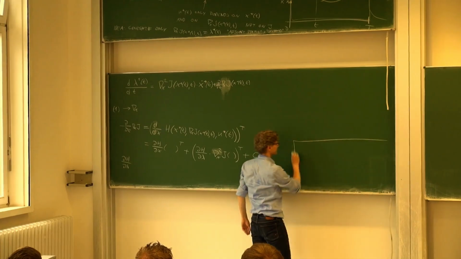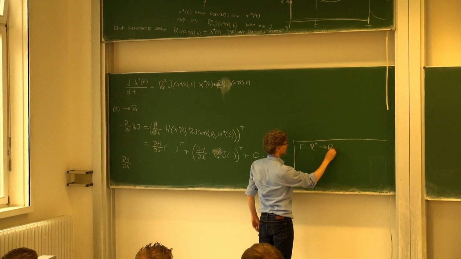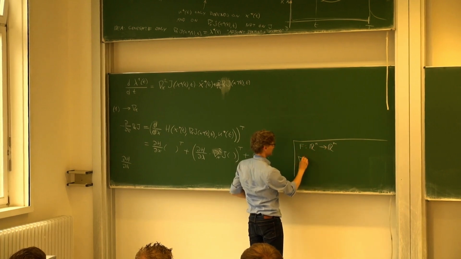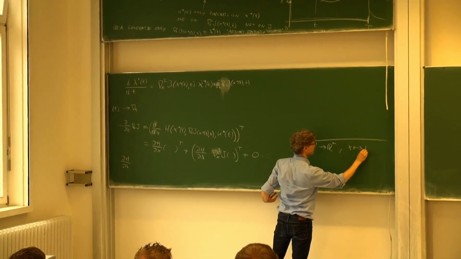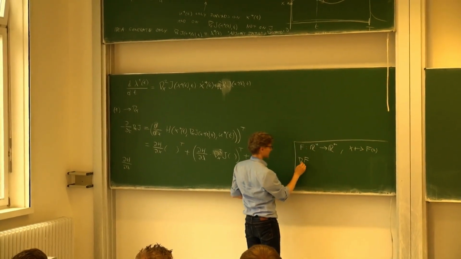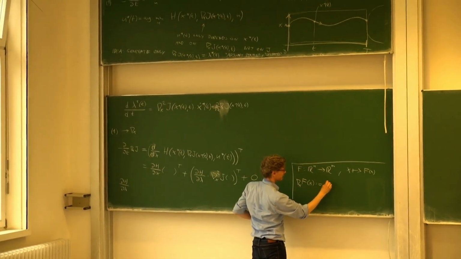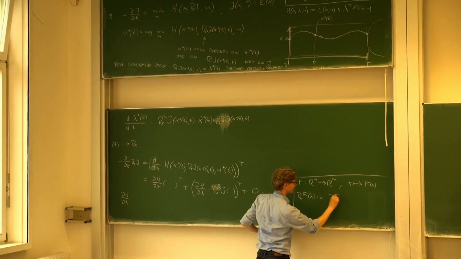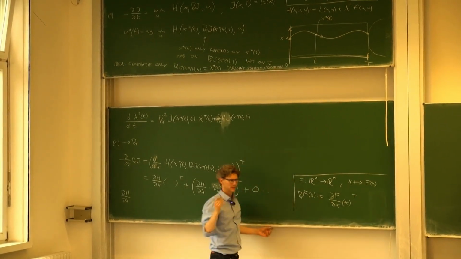So if I have some function f from R^n to R^m, if I write nabla f of the input, I mean this f is something that maps from x to big F of x. If I write this thing, then this is by default the Jacobian of F, dF by dx at x, transposed. Just notation.